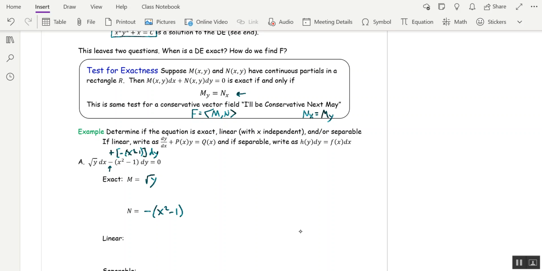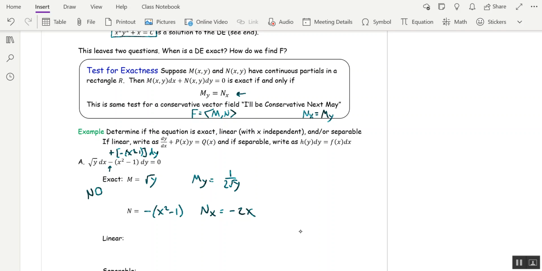All right, so M sub y is 1 over 2 root y, and N sub x is negative 2x. Those are not equal, so that's a big no.